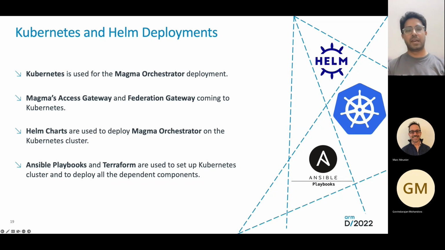The alpha version of the Access Gateway Helm charts is already ready, and we would love community members to try it out and help us make it more stable. For the Kubernetes cluster setup, we have Terraform code that deploys an EKS cluster on AWS and then installs the Magma orchestrator on it. We also have some Ansible playbooks if you want to set up the cluster on your on-prem solution, and then the Magma orchestrator can be deployed.